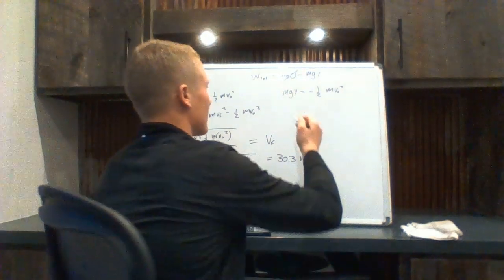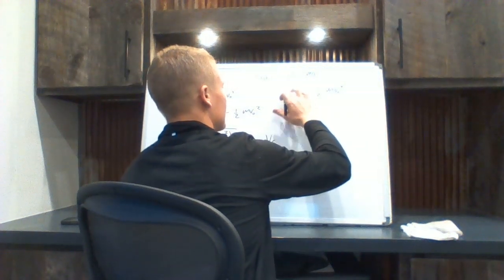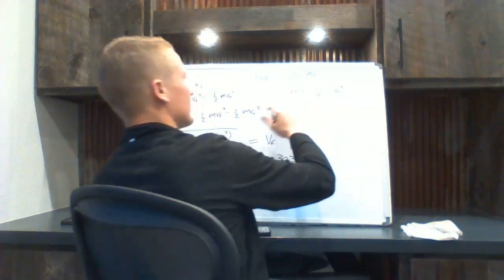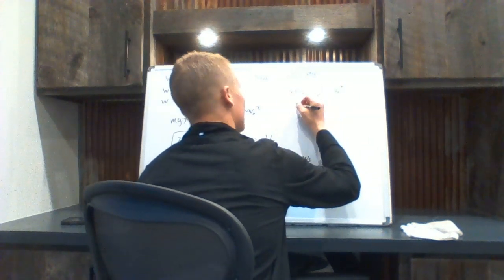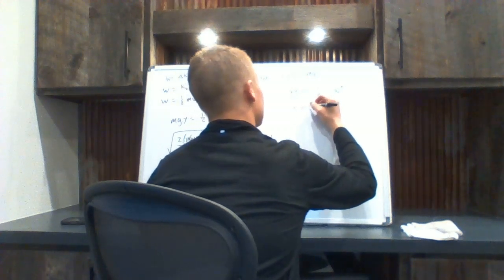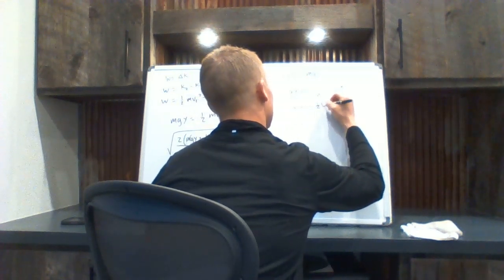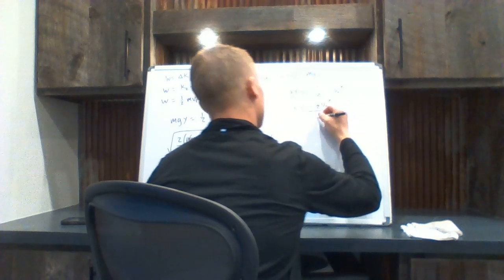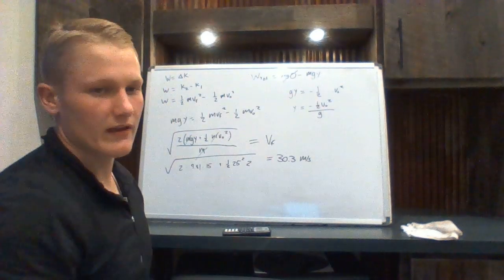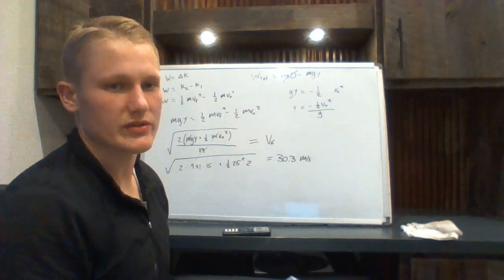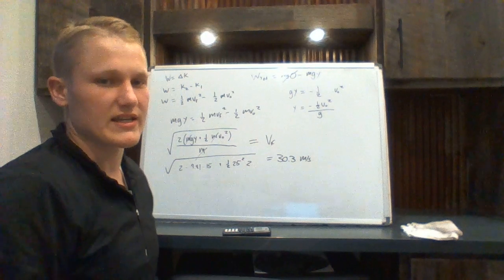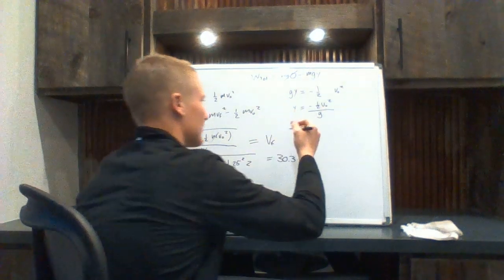Now we can divide by m, cancel those out. gy equals that. y equals 1/2 v initial squared over gravity. Now we can use 30.3 meters per second for our initial velocity and 9.8 for gravity.